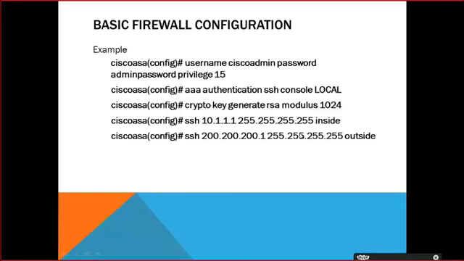If you change the mask to 252, then three people can be allowed: 10.1.1.1, 10.1.1.2, 10.1.1.3. Not only on inside, you can also allow people from outside to come in by giving the outside interface name. Any question?